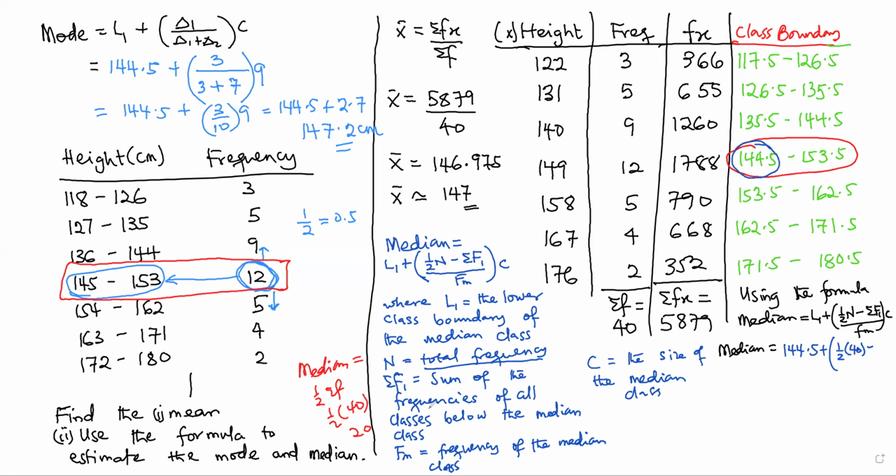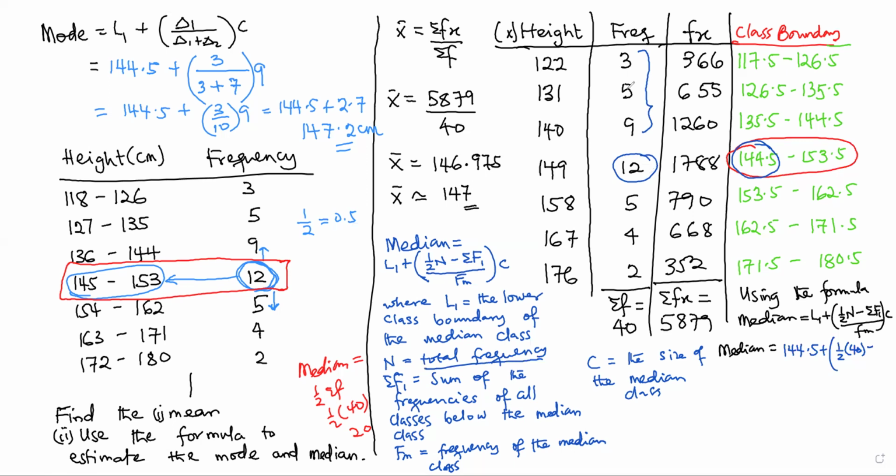We say it's the sum of all the frequencies below the median class. So if this is the median class, you need to sum all this before you get to the median class, which is this. Before you come to that median class, which is here, you need to sum all the frequency and see what you get.